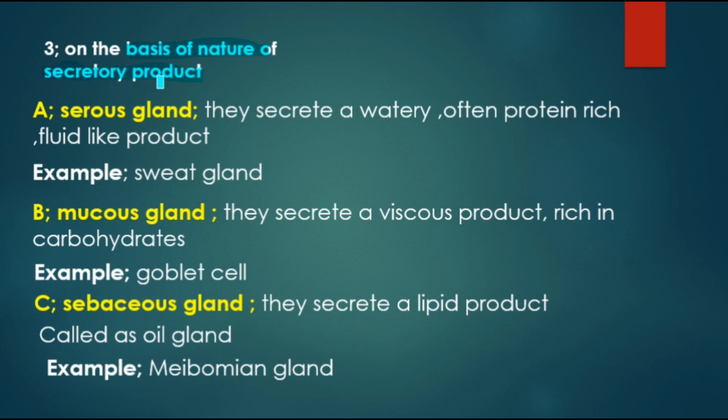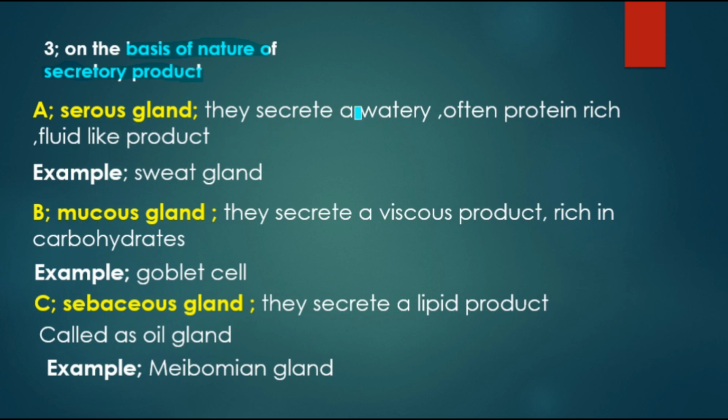It may release a carbohydrate product, a proteinaceous product, or a lipid product. On this basis we classify glands into three categories: the first is the serous gland, the second is the mucous gland, and the third is the sebaceous gland.